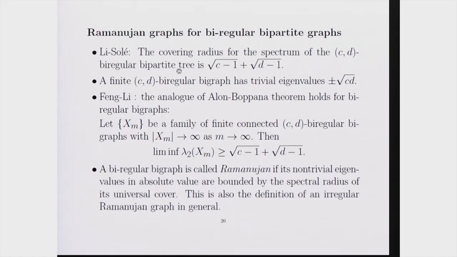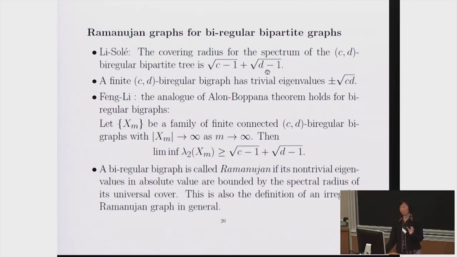In the paper with Soleil, we show that the covering radius for the spectrum of the universal cover is root(C minus 1) plus root(D minus 1). For any finite (C,D) biregular bipartite graph, the trivial eigenvalue is plus or minus root(CD). One also has a similar result to the Alon-Boppana theorem.